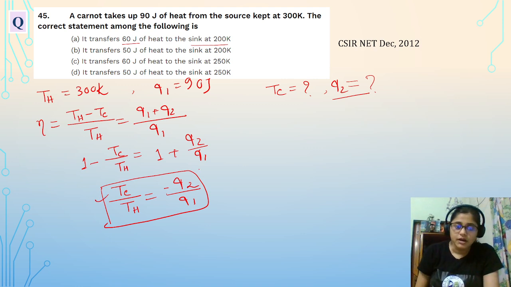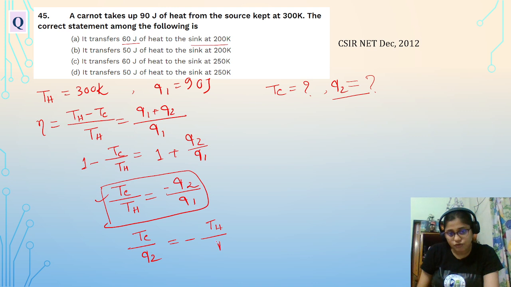Now, we can write from here also: Tc by Q2 equal to minus Th by Q1. So Tc is the temperature of the sink.